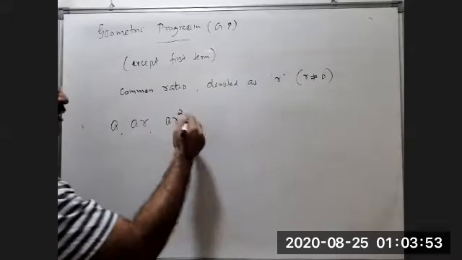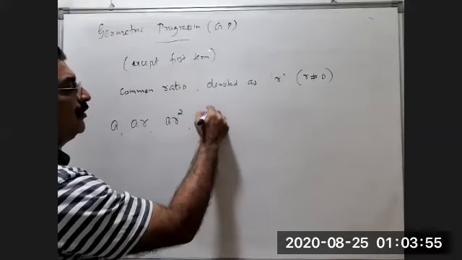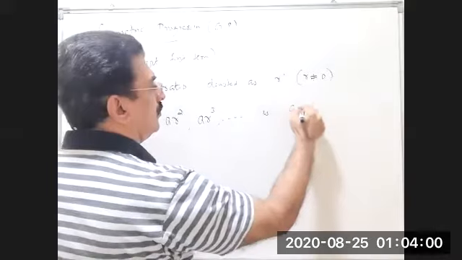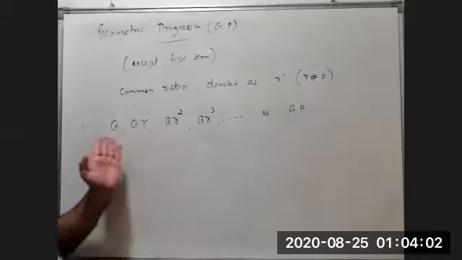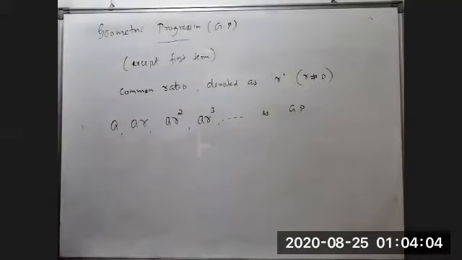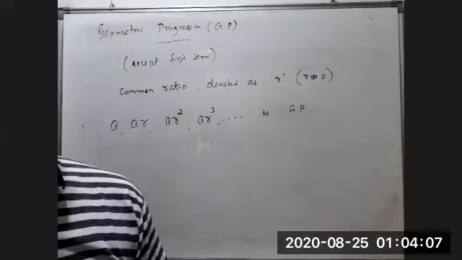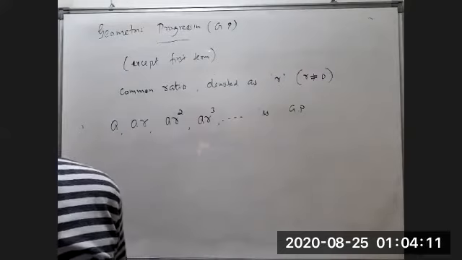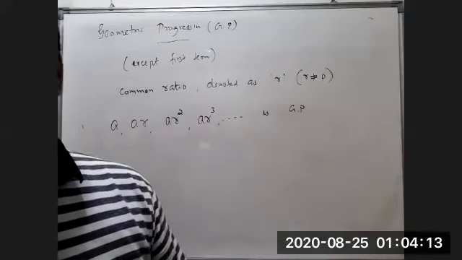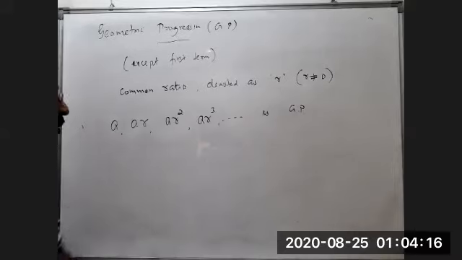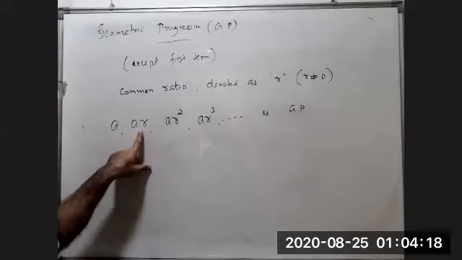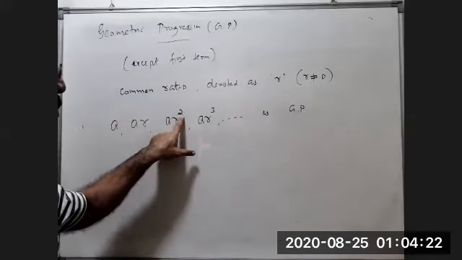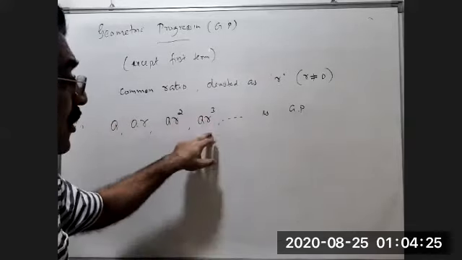AR square again multiplied with R will give AR cube, etc. Because in AP we write A plus D, A plus 2D, A plus 3D, we keep on adding D. Here we keep on multiplying R. See here, second term, the exponent is 1. Third term, the exponent is 2. Fourth term, exponent is 3.